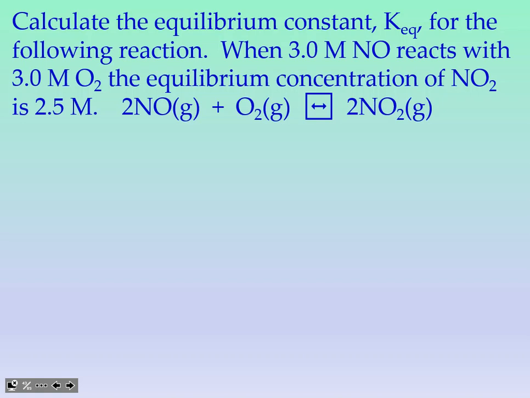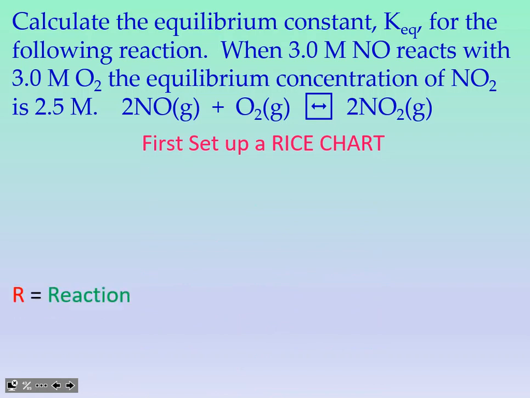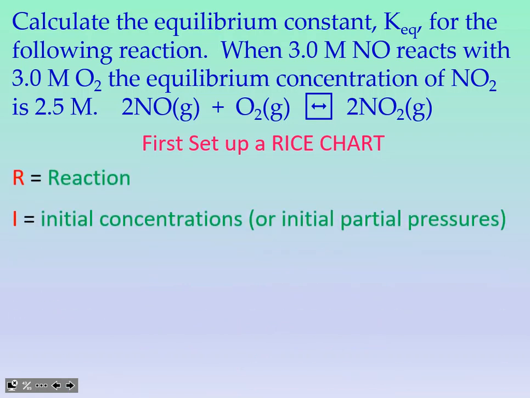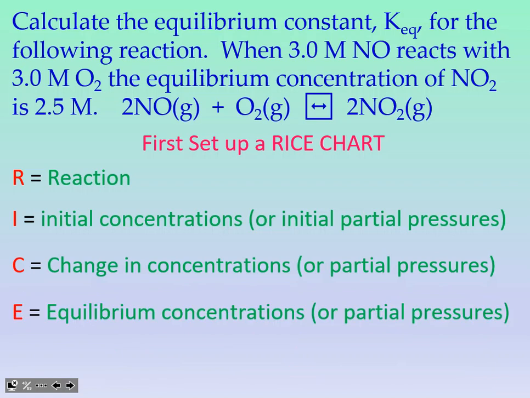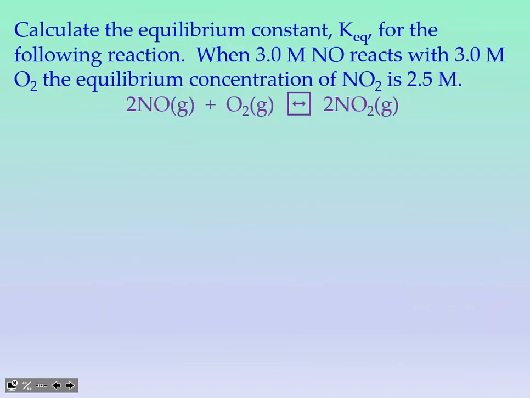So we want to set up a RICE table. Not that you've forgotten, but here: reaction, initial, change, equilibrium. Sure we have that down? All right, so here, starting with this problem, I'm just going to make this my R so I don't have to rewrite it.